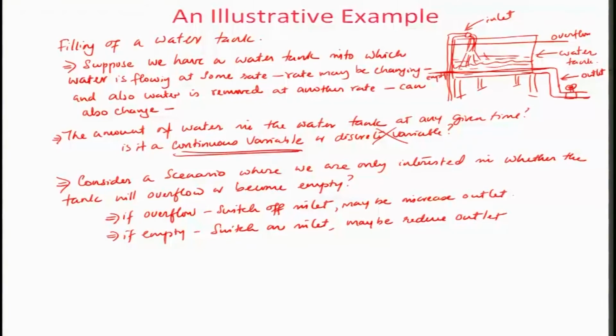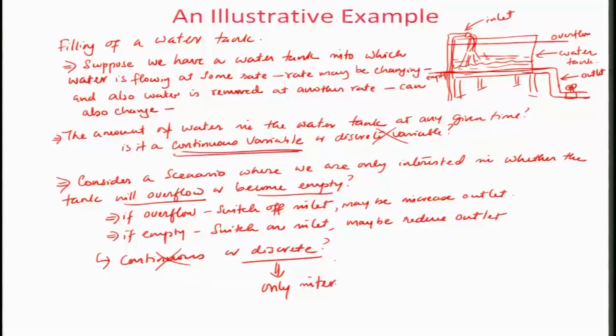Now, if you are only looking at whether the system is overflow or empty, that is the case that you are looking at. Now, is it continuous or discrete? Discrete. So, in this particular case, it is no longer continuous, it is a discrete system, because you are only interested in two specific states of the system.